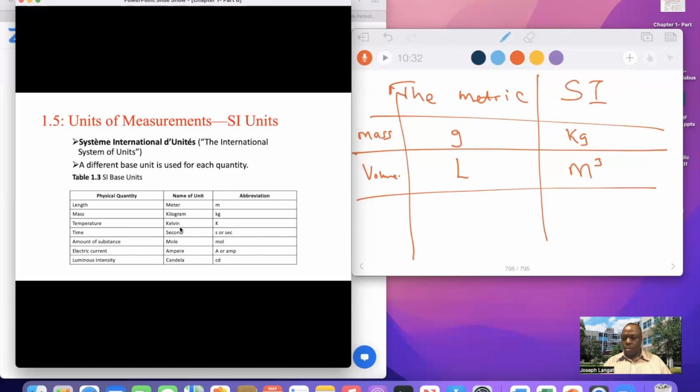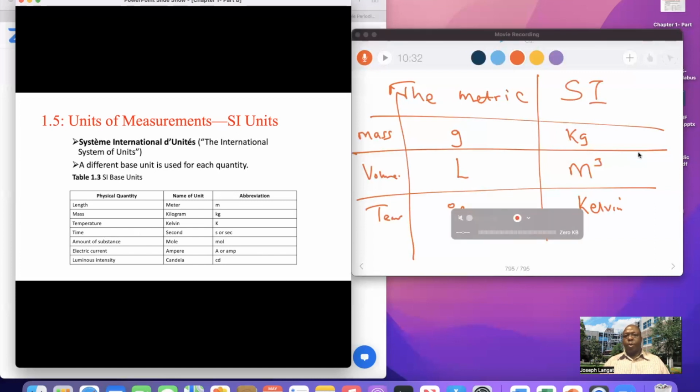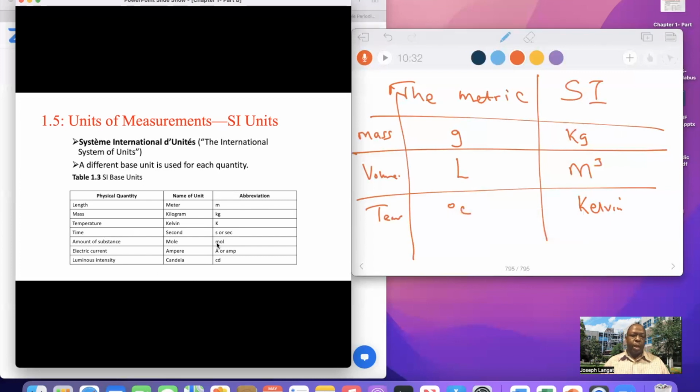For temperature, degrees Celsius and Kelvin. We will see later on the units for expressing temperature. Just to give you a few parallel examples between the metric and the SI system. Amount of substance, 1 mole.